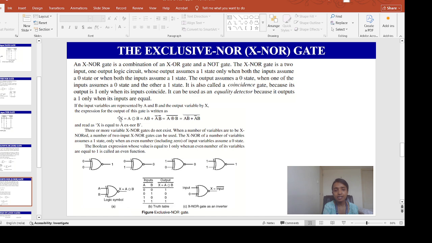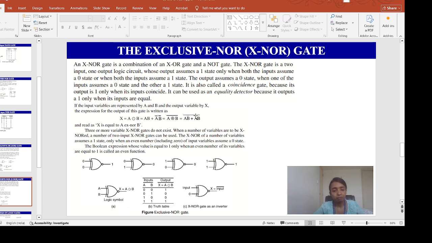So, this is the expression of a 2 input XNOR gate. X equals A XNOR B, equals AB plus A bar B bar. That means A XOR B whole bar, because A XOR B simplifies to A B bar plus A bar B. Since XNOR gate is a complement of XOR gate, this is the expression for XOR, and we simply put a bar symbol over it.